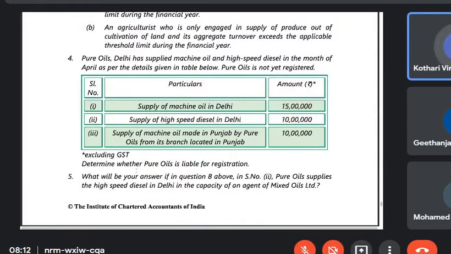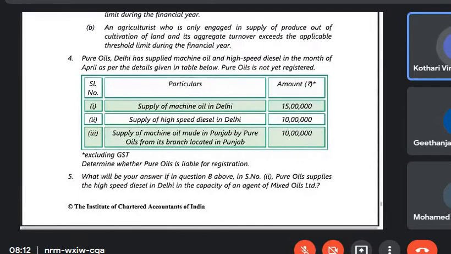Now, whether your answer will be the same for question 8: Pure Oil supplies high-speed diesel in Delhi. Sorry, so here in this case, the turnover is 35 lakhs, not 25 lakhs, and less than 40 lakhs, so GST registration is not required.